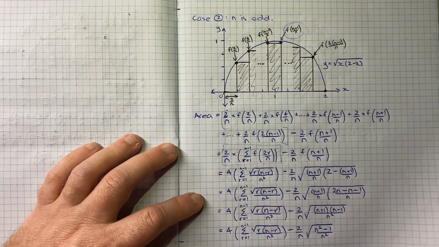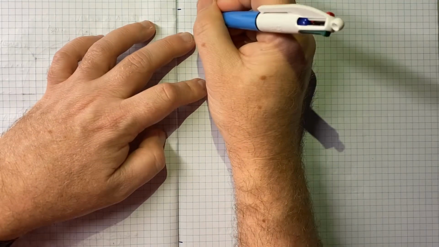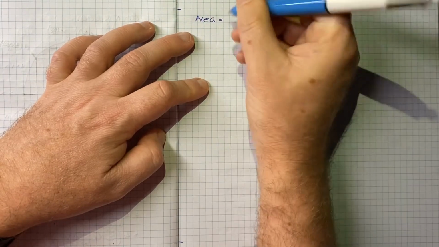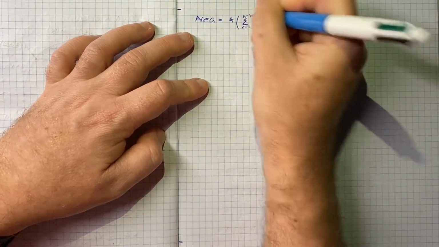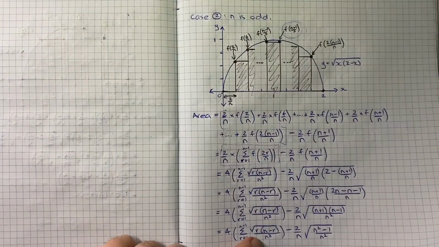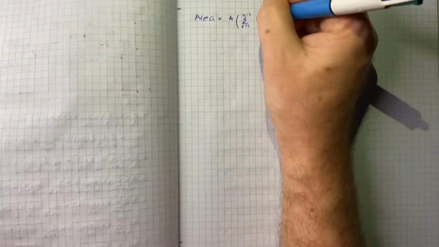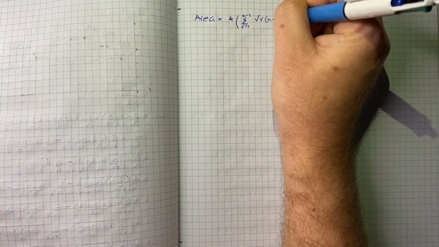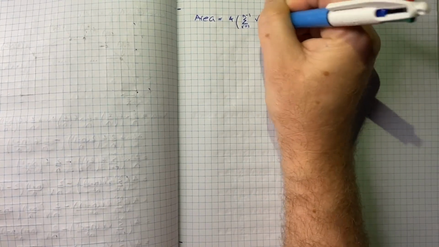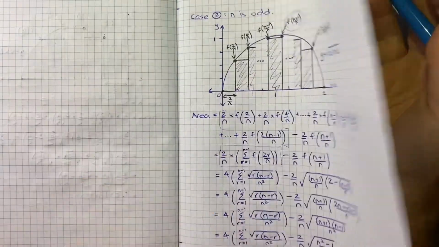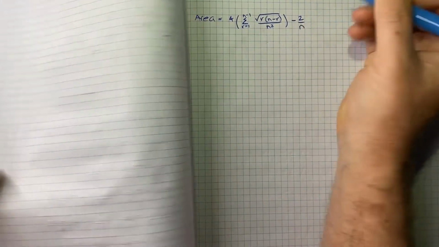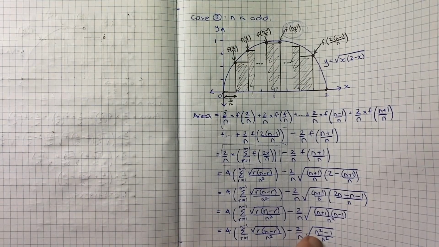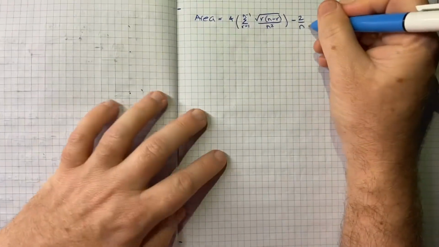So I might just turn over and write that as, finally, the area is equal to 4 times the sum from r is equal to 1 to n minus 1 of root r n minus r on n squared, minus 2 on n, and this will be the square root of 1 minus 1 on n squared.